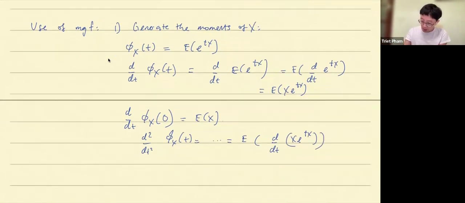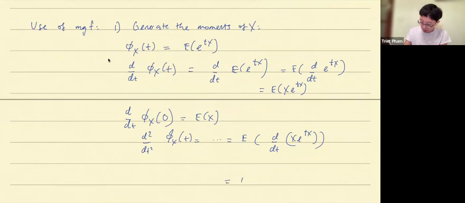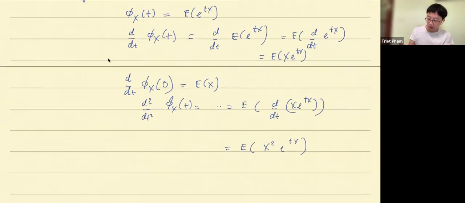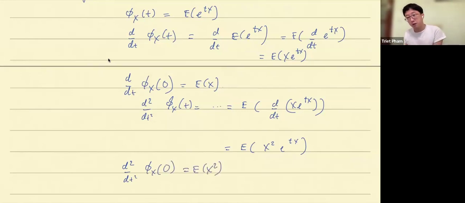So it will be x squared. How do we get rid of the t? Well, we plug in 0. So that's how it generates the moments for you. You keep differentiating with respect to t and keep plugging in 0, you'll get the moments.